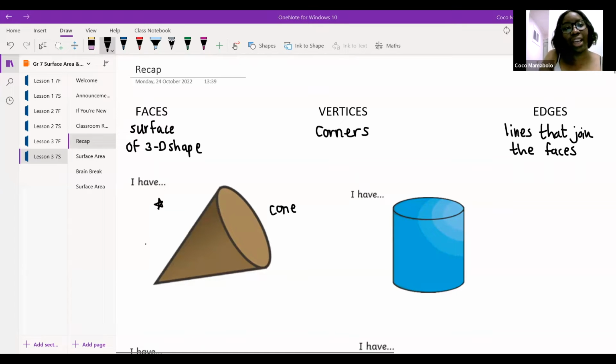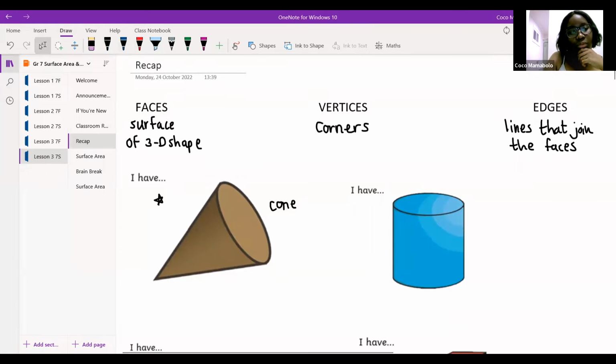I'm going to ask you guys now, how many faces does a cone have? I'm getting many conflicting answers.